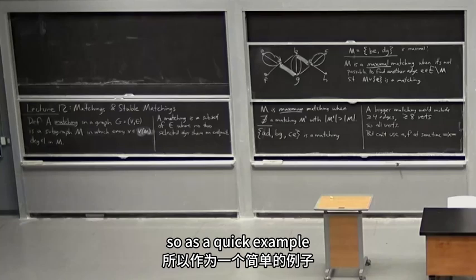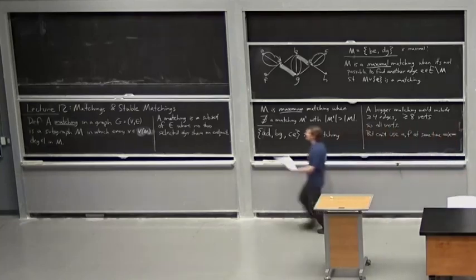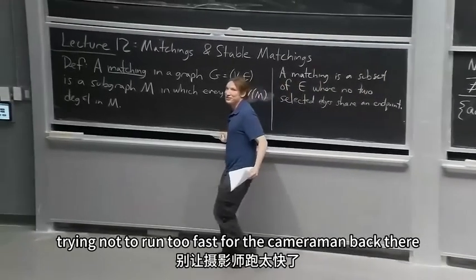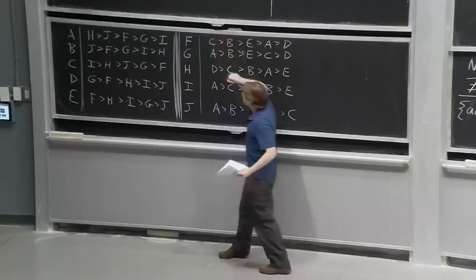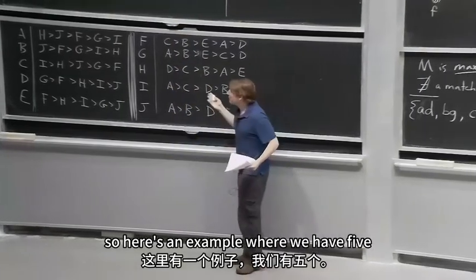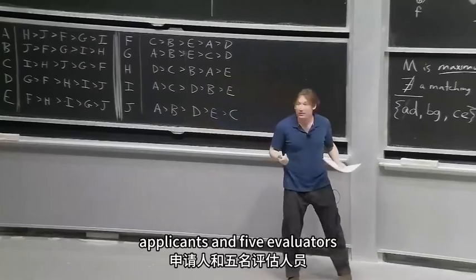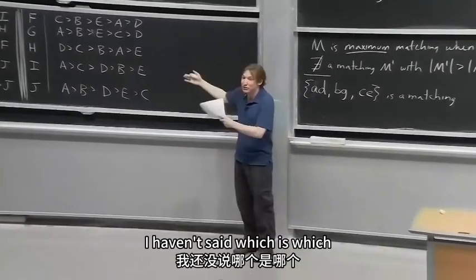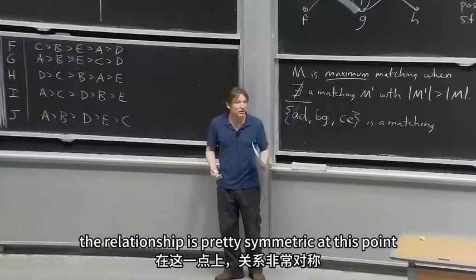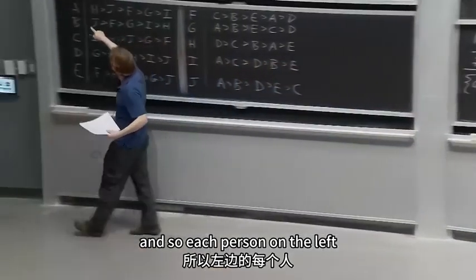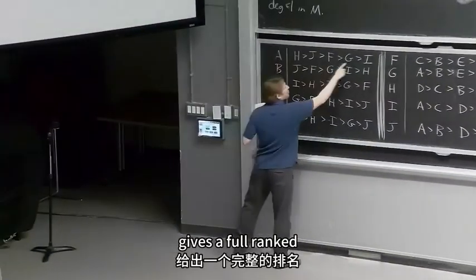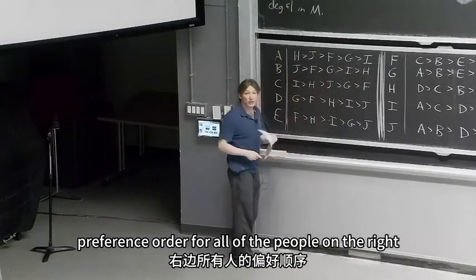As a quick example, here we have 5 applicants and 5 evaluators. I haven't said which is which because the relationship is pretty symmetric at this point. Each person on the left gives a full ranked preference order for all of the people on the right.